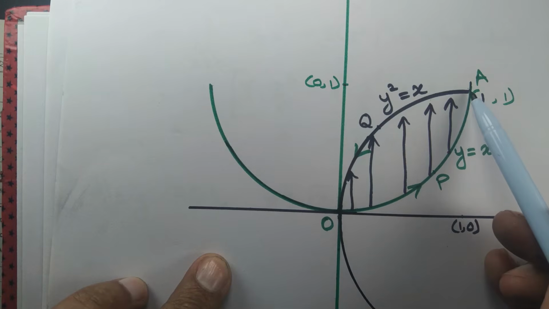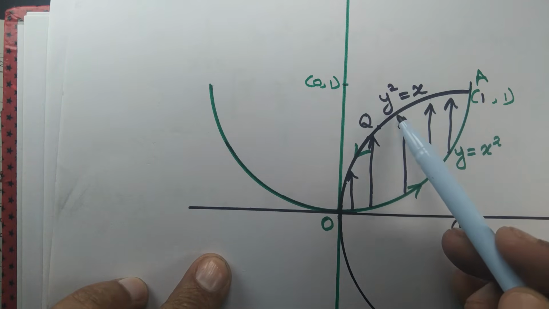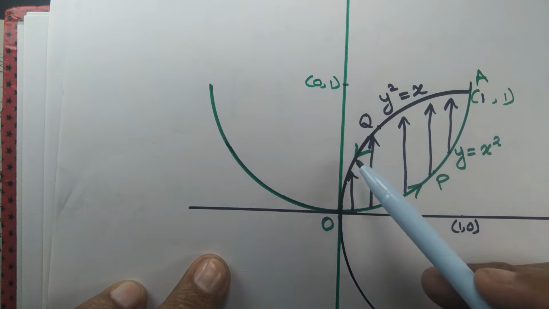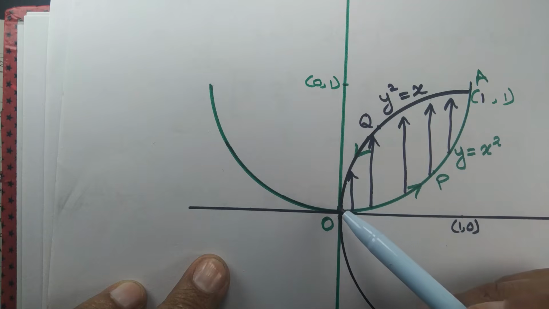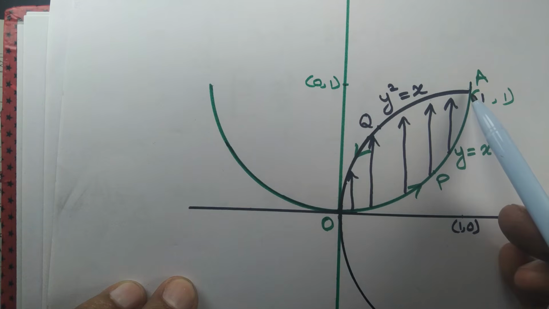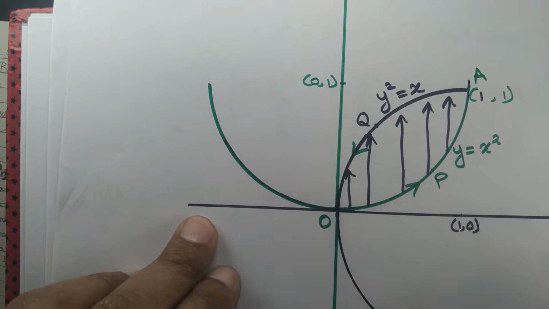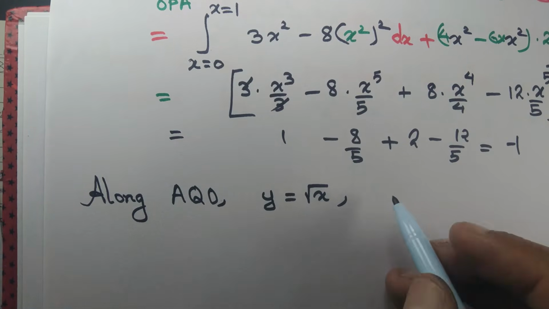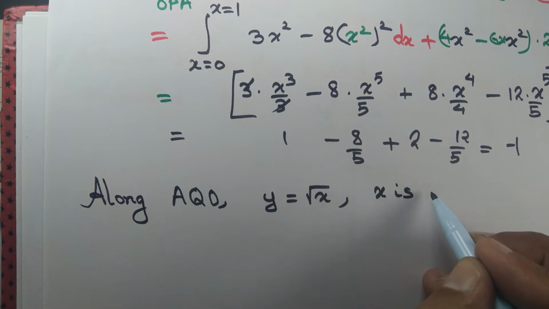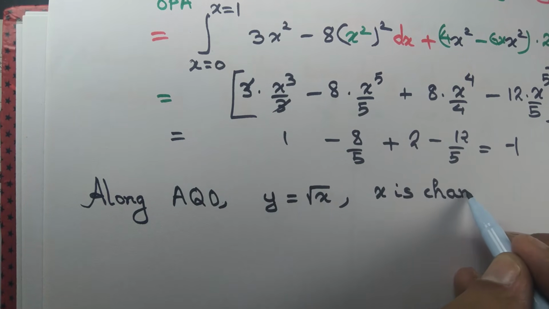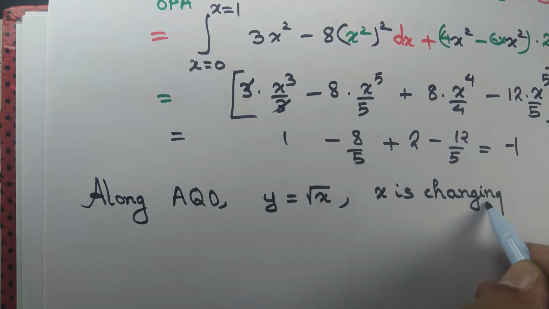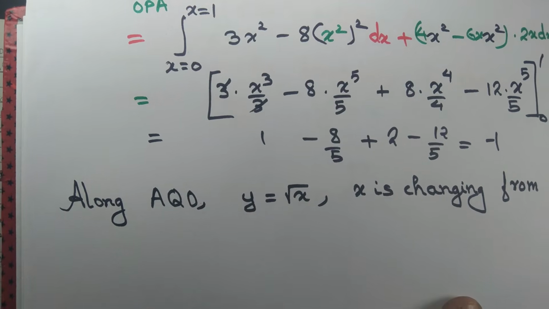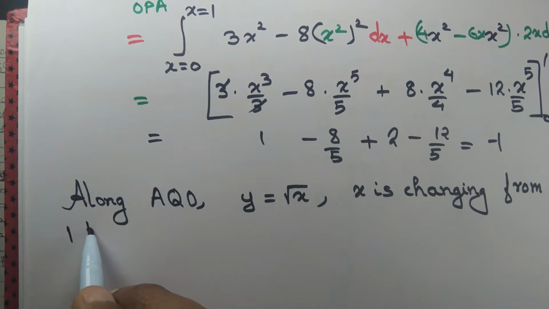Once again, x is moving as you move from A through Q back to O. We are moving in anti-clockwise direction and we are creating a closed loop. So x is changing from 1 to 0. Along AQO, y equal to root x, x is changing from 1 to 0.